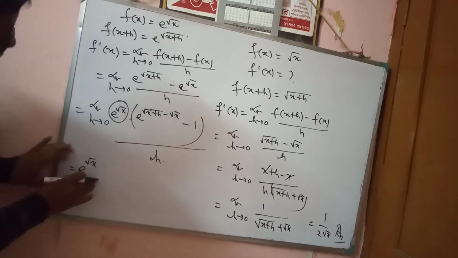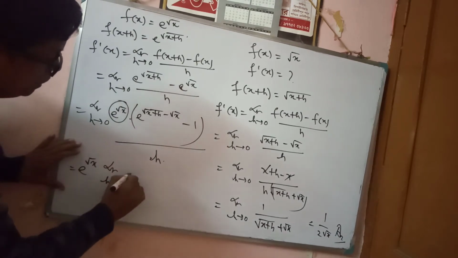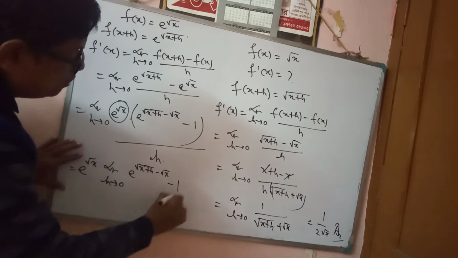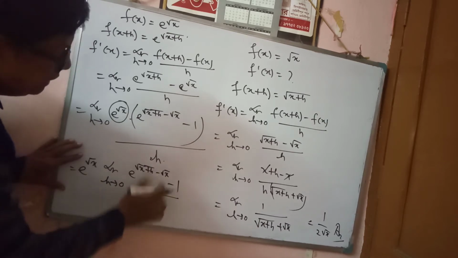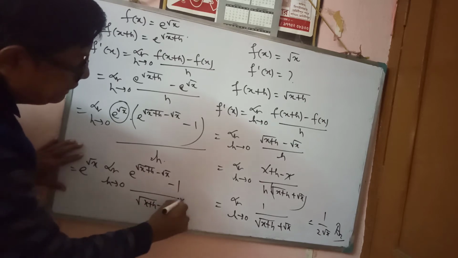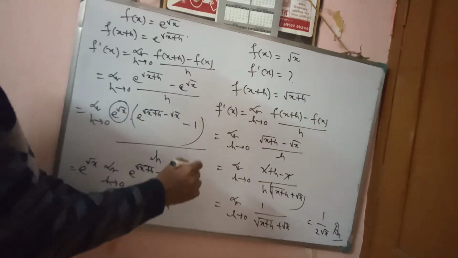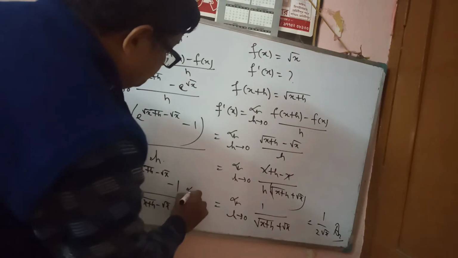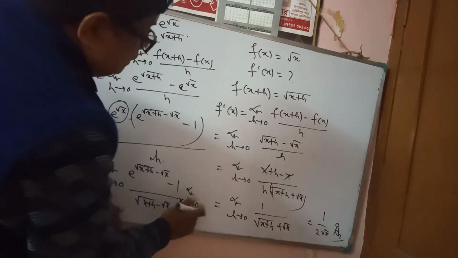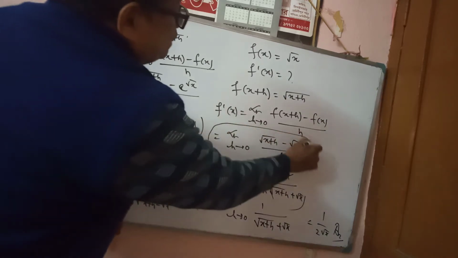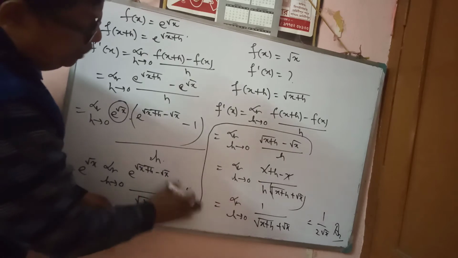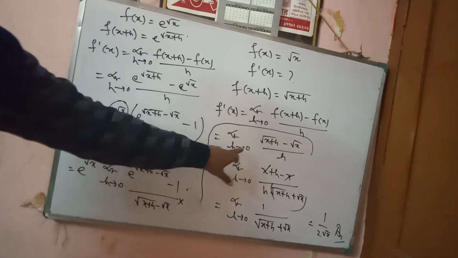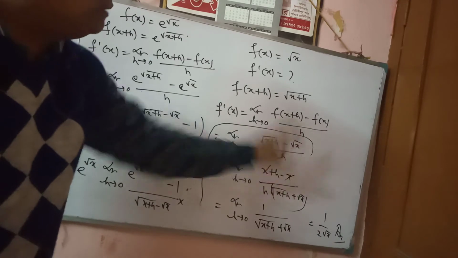So limit h tends to 0, e to the power root x plus h minus root x, minus 1 by whatever is given here, you write down this part, into limit h tends to 0, root x plus h minus root x by h.